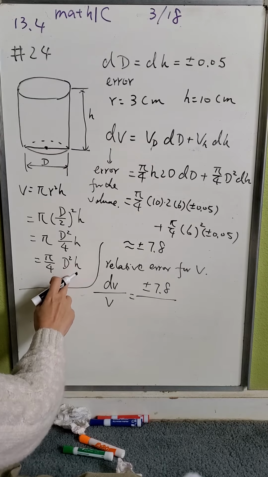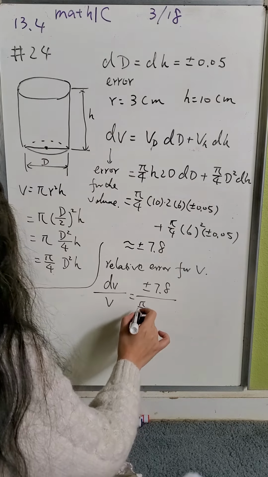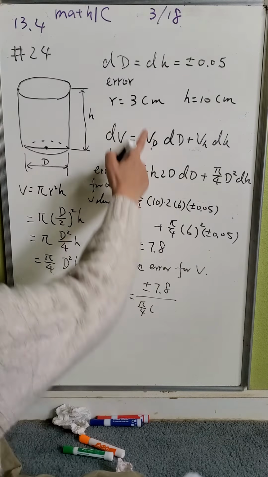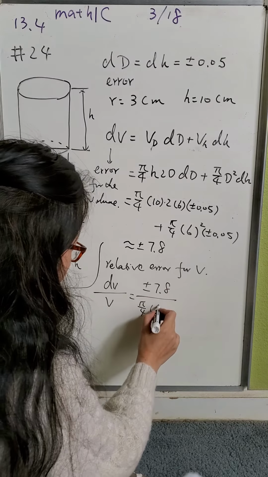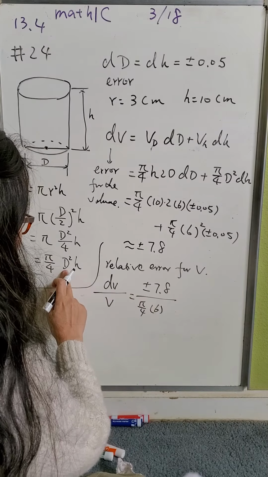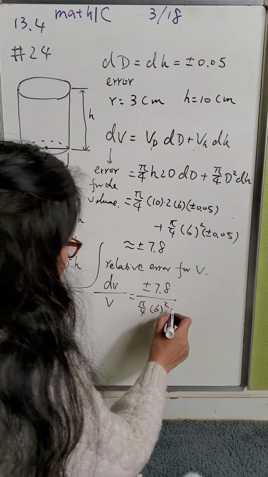Pi, I need to finish this part, okay? So it will be pi over 4 times d squared, so 6 squared, times h is equal to 10.